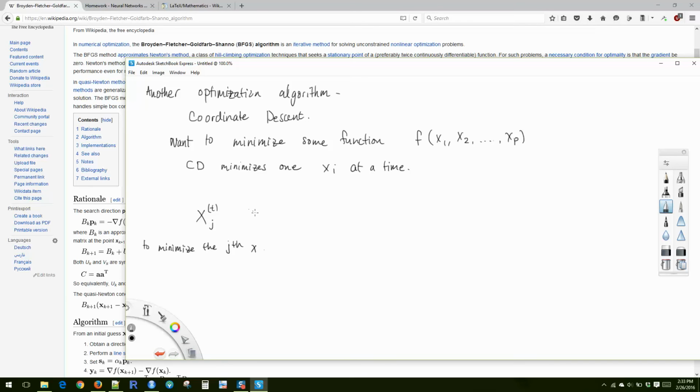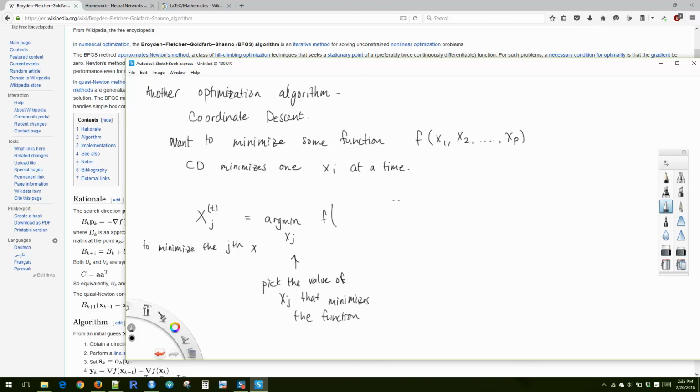This is going to be whatever value of x sub j minimizes the function. So to minimize this, pick the value of xj that minimizes the function.